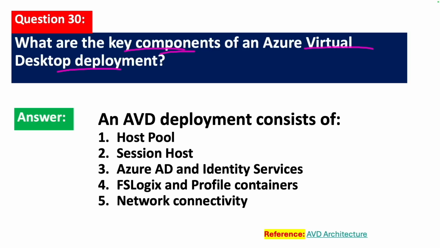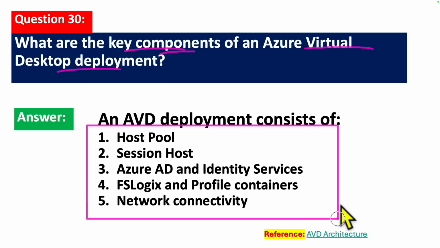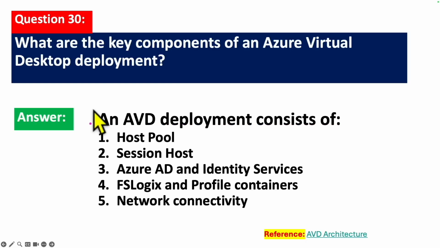When you try to deploy Azure Virtual Desktop, you need to be aware of these terms and services: host pool, session host, Azure AD identity services, FSLogix profile container, and network connectivity. So let me take you through them one by one. First, what is a host pool?